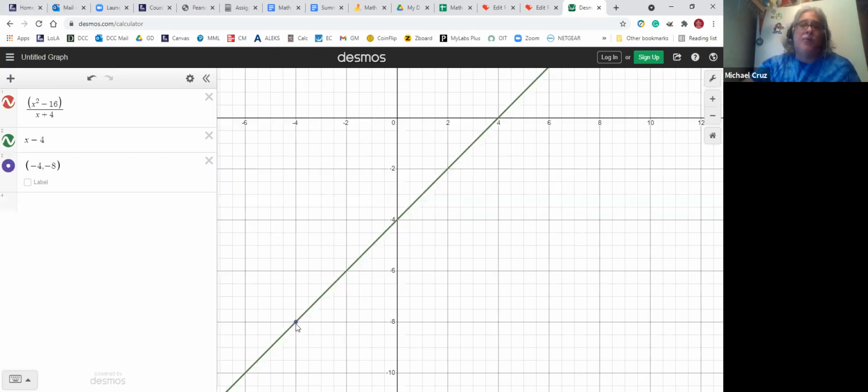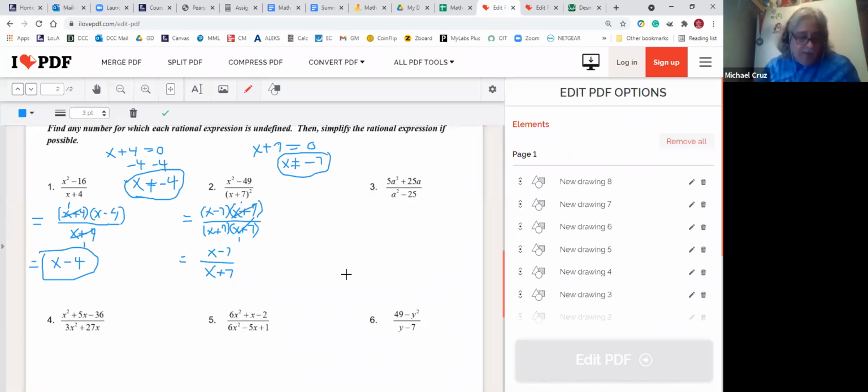And that's why it's important to be able to do this beforehand, determine what's undefined, because when you simplify it down, you can't see it, because there is no denominator in this case, or some of the denominator's gone. So anyway, that's just to visualize and show you. It's the exact same thing once you simplify it.